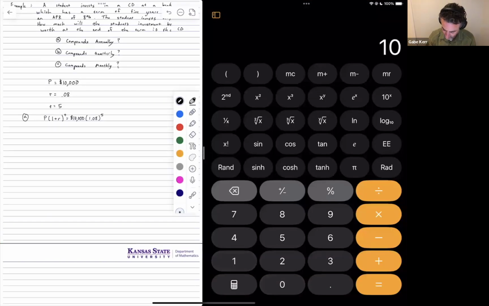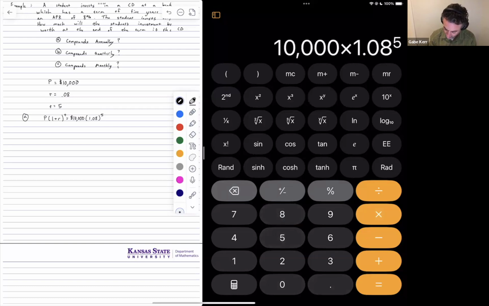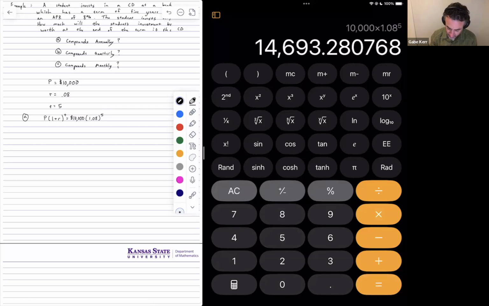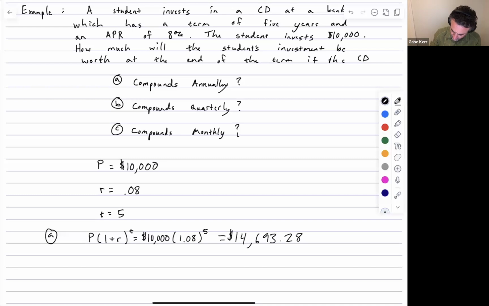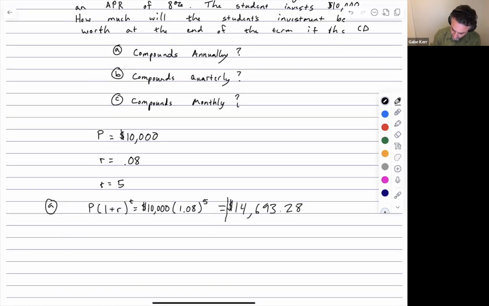We'll just do 10,000 times 1.08 to the 5th, and we'll get our answer. So this is $14,693 and 28 cents. Wonderful. So this is the answer to A, just applying what we did in the prior videos. Great.